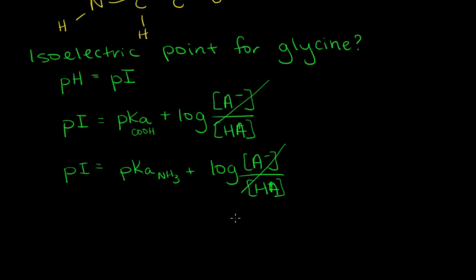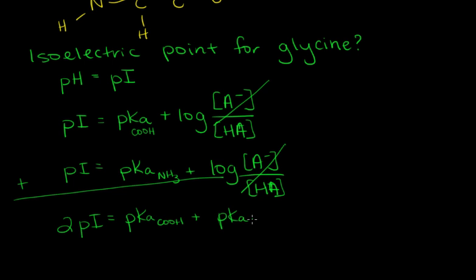To get the overall pI, we add both of these expressions together. So we get 2 pI equals pKa of the acid plus the pKa of the base. We can then solve for the pI by basically taking the average of the pKa's: pKa of COOH plus pKa of NH3 over 2.